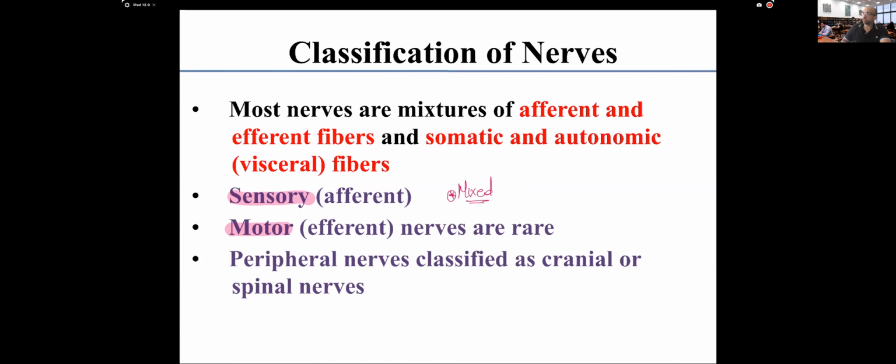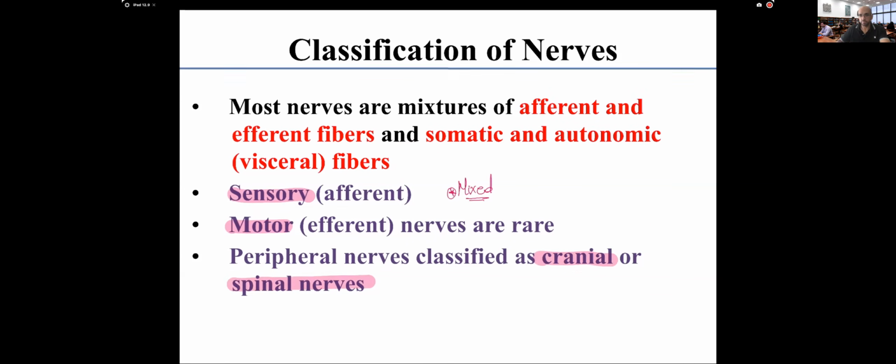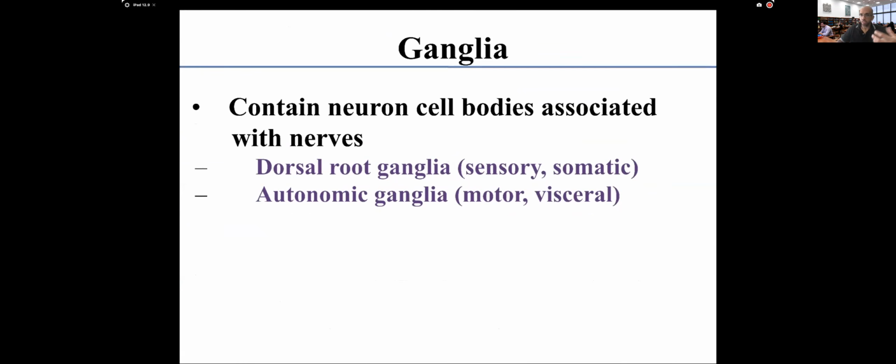We also classify the nerves according to where they get their origin from. If they get their origin from the brain, we call those the cranial nerves. If they get their origin from the spinal cord, those are my spinal nerves. If you remember, what was the ganglion? Ganglia are the collection of cell bodies outside of the CNS.